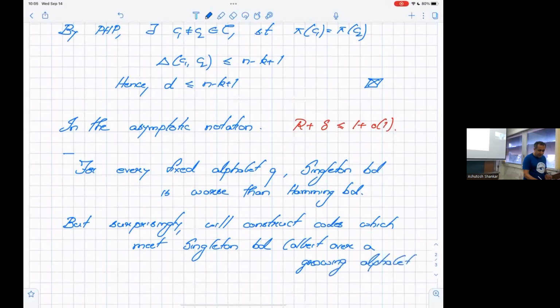And they will not just meet R plus delta equals 1. They will meet d plus k equals n plus 1. They will meet it exactly in the Reed-Solomon code.